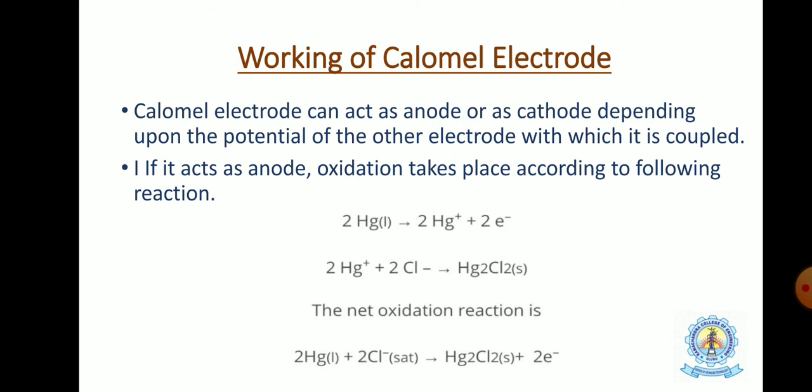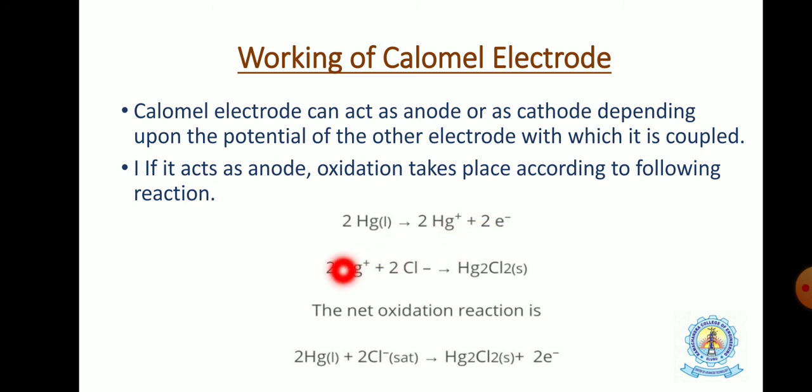In a similar way to the hydrogen electrode, the calomel electrode also acts as anode as well as cathode. It completely depends upon the coupled electrode. In case 1, if it is acting as anode, it undergoes oxidation and the following reactions take place. Here, when it is acting as anode, the mercury undergoes the reaction and releases ions and electrons.